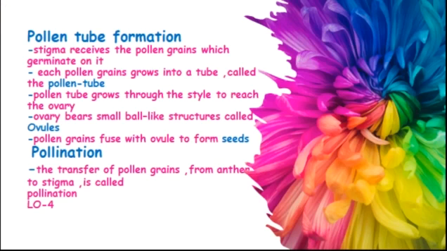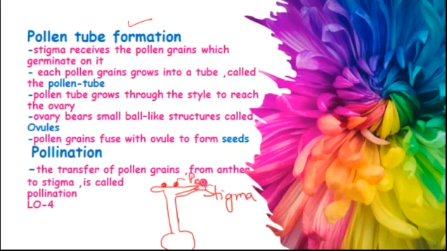Let's see the next slide, pollen tube formation. As I have already explained to you, I am making the diagram again. See here how the pollen tube is formed. When pollen grains fall on the stigma, they get connected and start germinating, and these pollen grains make a tube.